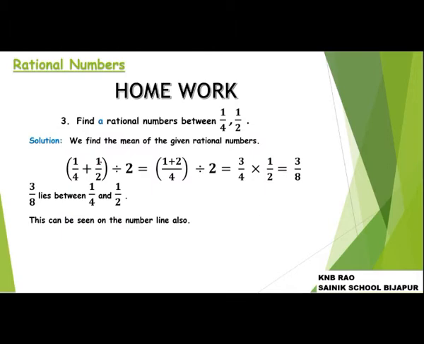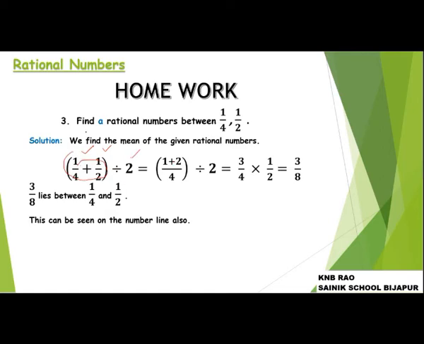Here, when I am finding the mean of 1/4 and 1/2, I have to add, that is, take the sum of 1/4 and 1/2, and this sum is to be divided by 2.